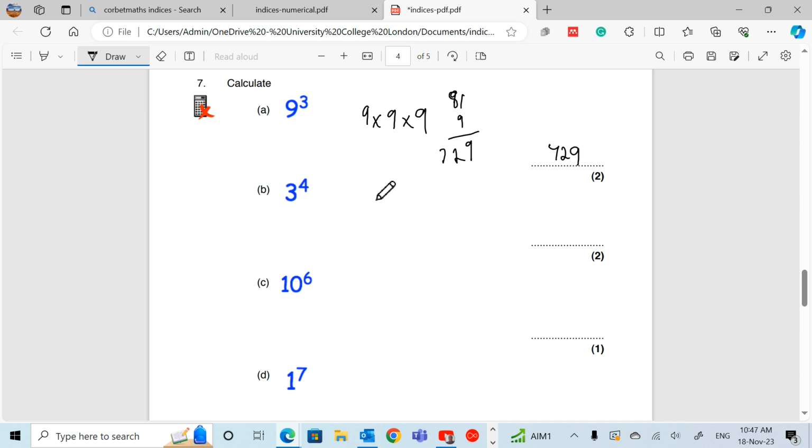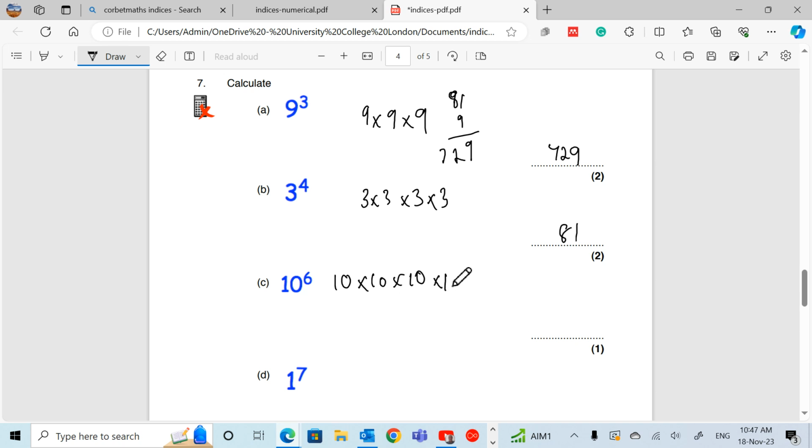3 to the power of 4 is 3 times 3 times 3 times another 3. Again, 27 times 3, well, 20 times 3 is 60, and 7 times 3 is 21, so we're looking at the answer of 81. And 10 to the power of 6, ooh, well, that may look complicated, but we just have to look at the number of zeros.